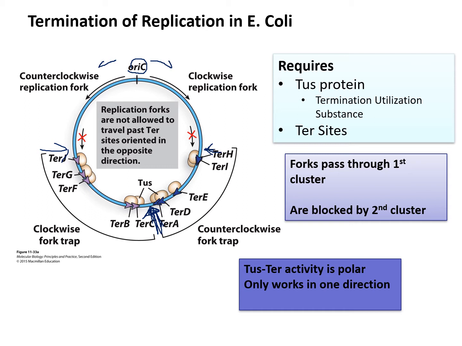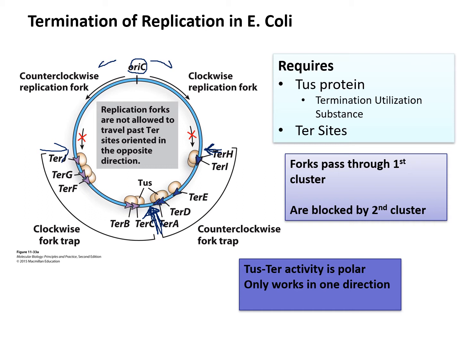Okay, so what happens here? So termination sites have these associated TUS proteins, or termination utilization substances, and they act to slow down and help with the timing of the moving replication forks, because we have these two separately moving replication forks, and we do want them to get to the bottom at 6 o'clock around the same time, so we get everything copied around in sync with each other.